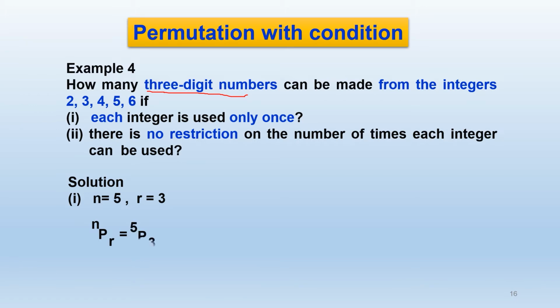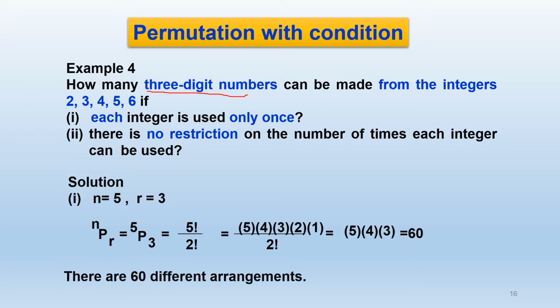You use the formula just now, nPr. So you just key into the calculator, or you want to show the step just like this. So you get 60. So there are 60 different arrangements. Okay, this is from the formula n factorial over (n minus r) factorial.